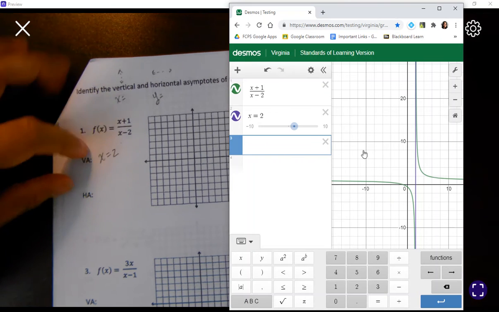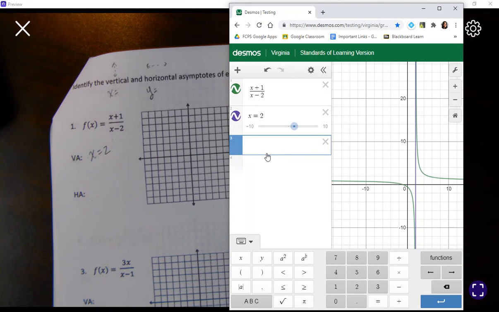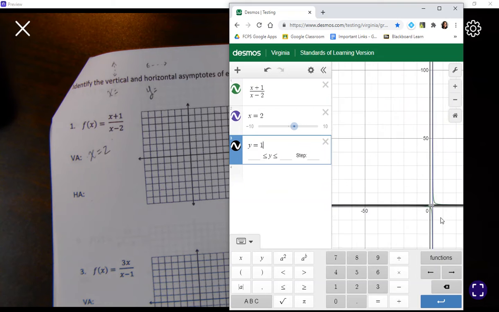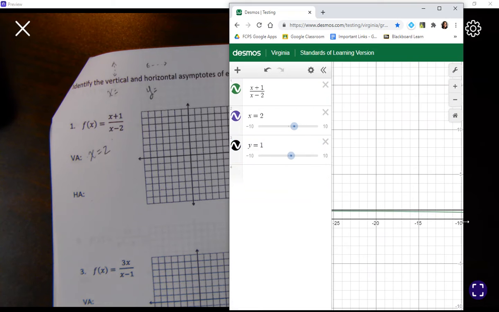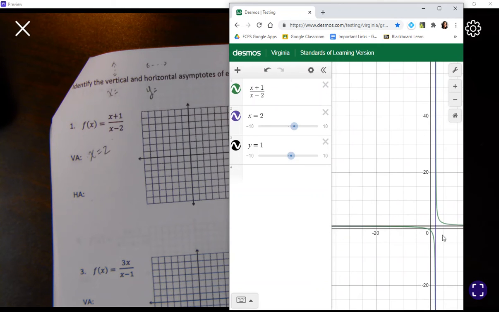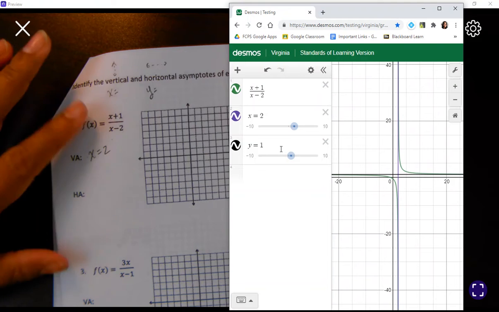And then my horizontal asymptote right here will be y equals, maybe I'm going to guess 1. Well, yeah, that looks good. You can scroll out and make sure it's not going closer. See how it's going closer and closer to it, but it's not actually touching it. Okay, so yeah, y equals 1.